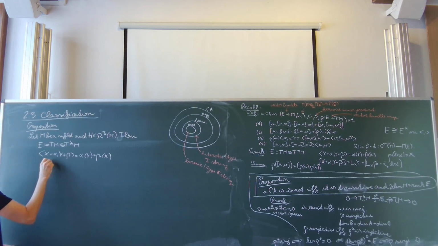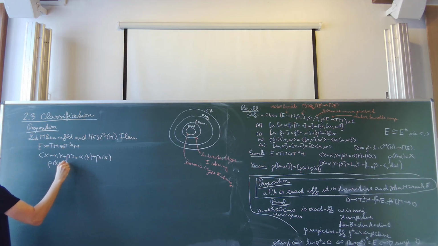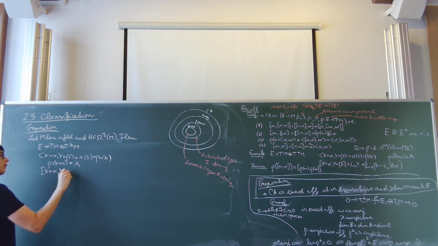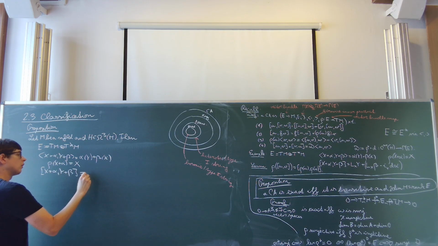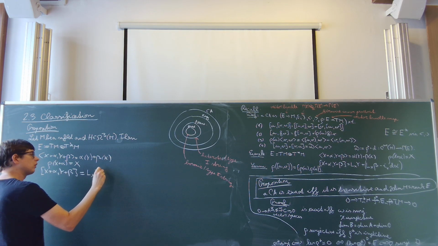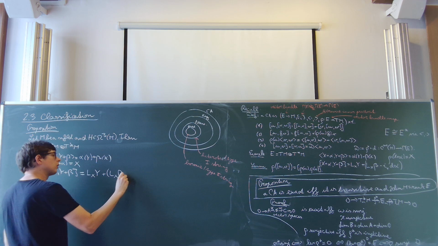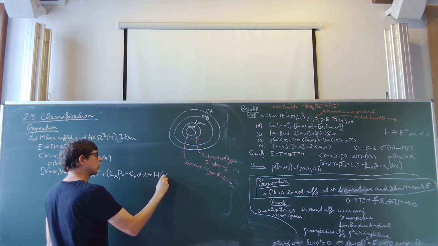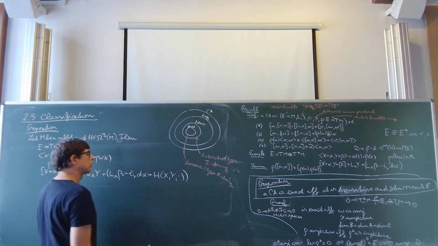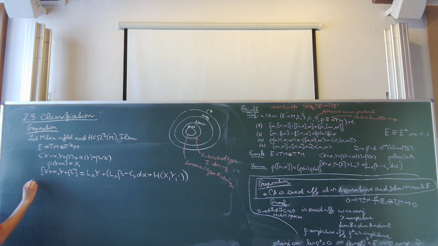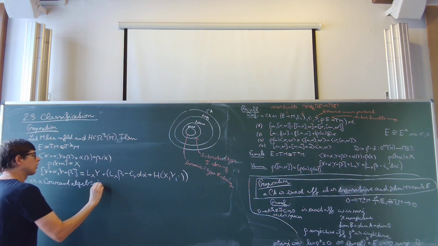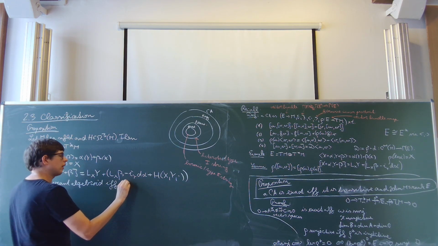This one, that anchor map, and with a bracket which looks like that one, but then it continues. So then this thing is a Courant algebroid if and only if H is closed.